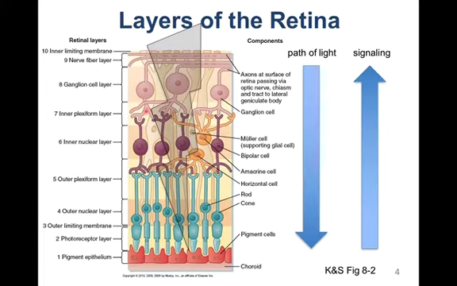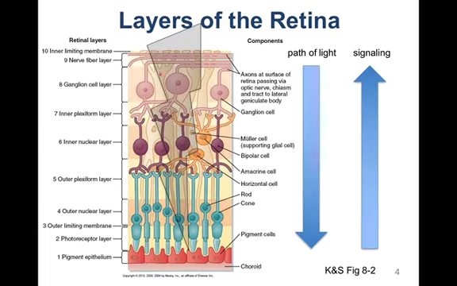The retinal ganglion cells are the neurons in this pathway that fire action potentials. Bipolar cells are neurons, but they don't fire action potentials. Their job is to release neurotransmitter when they're excited or when they're inhibited, in some cases, onto the retinal ganglion cells.